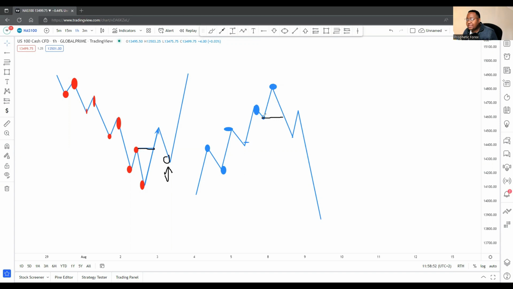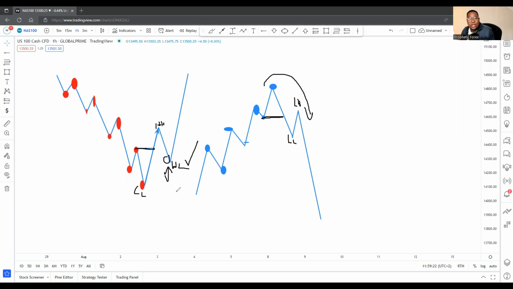Once you've identified the change of character, it's signaling to you that we are now in a bearish market because we are creating a lower low, and potentially you want to enter when it creates a lower high. So you want to sell high, and of course you want to buy low. It creates a new lower low, creates a higher high, which indicates that we've changed trend, and that will be a higher low because you want to buy low. That's what I need you to understand.